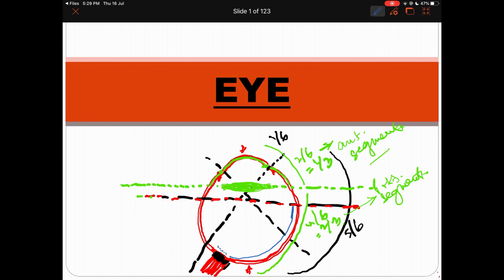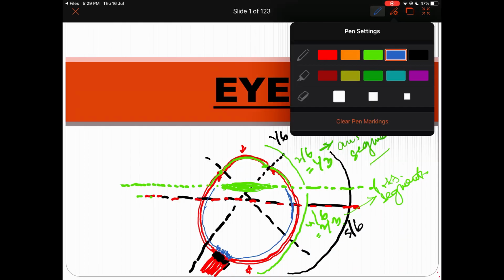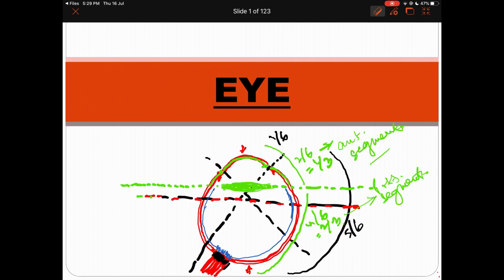This will also be perforated obviously by the optic nerve fibers, and this choroid continues up to the line which divides them into 4/6 and 1/6 regions.